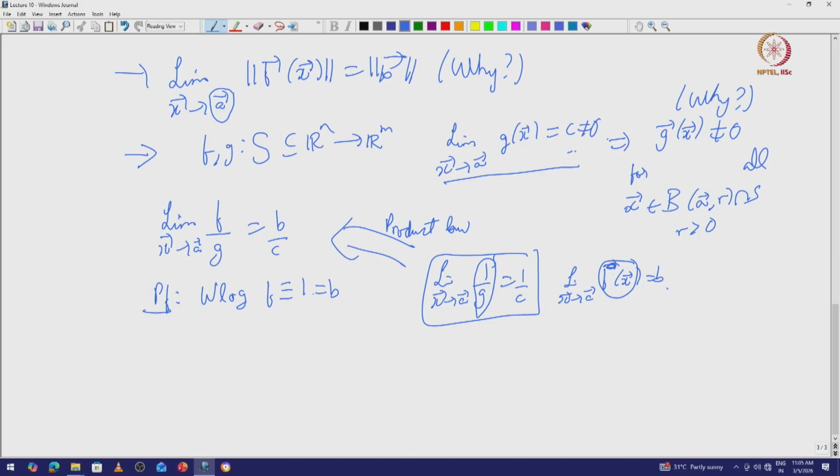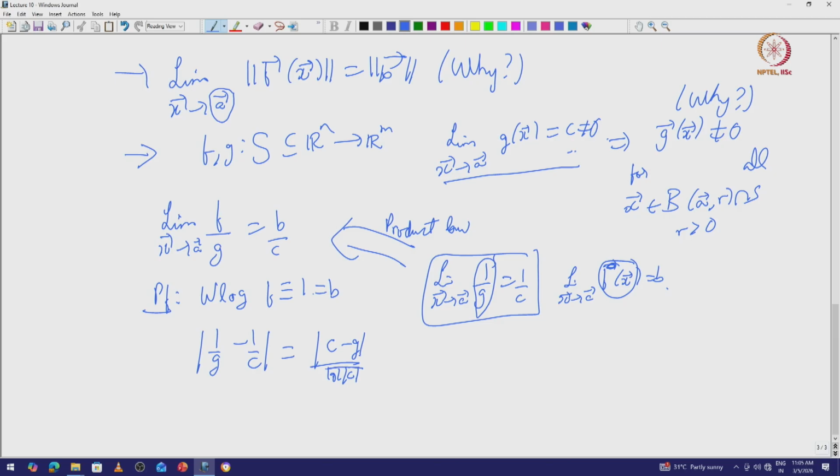Right. So once again, all we have to do is, suppose we take 1 divided by g minus 1 divided by c. We want this to be less than epsilon, right?